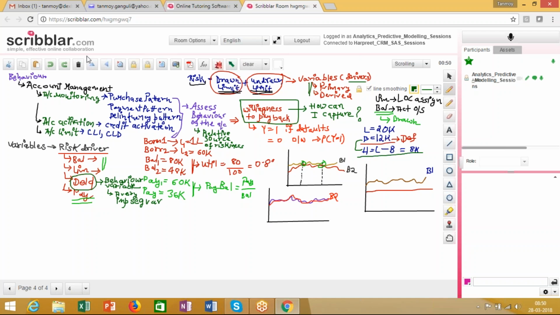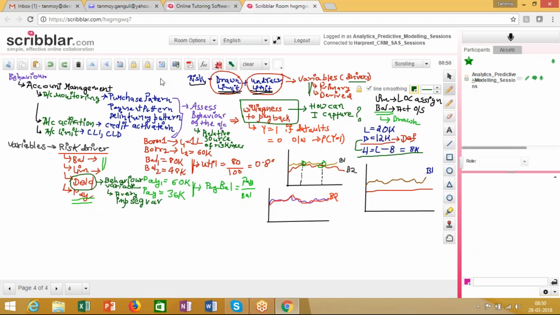And that is the reason why delinquency variables are treated as a very important variable from the modeling perspective.